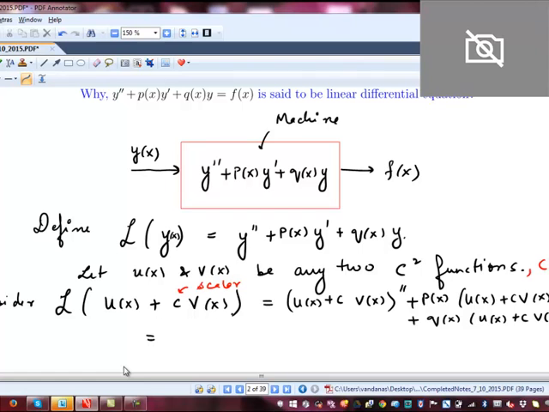And let me put c to be 4. This is c, this is your u and this is your v. Then how will you simplify this expression?